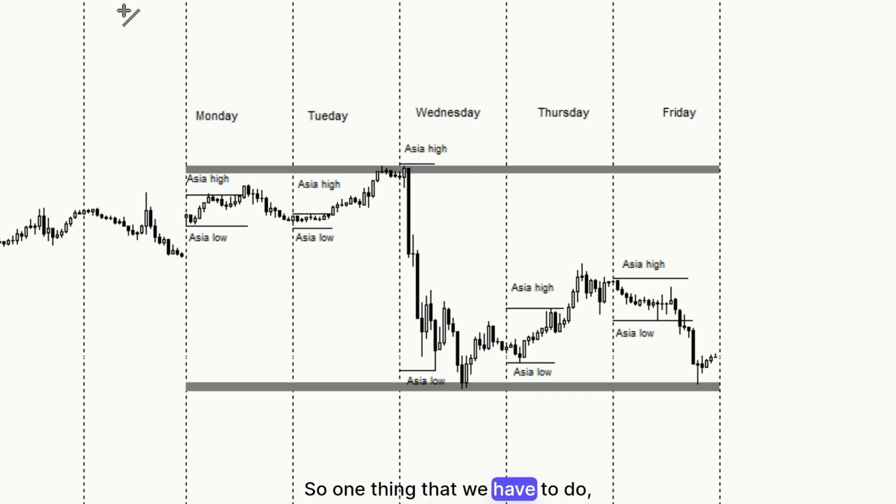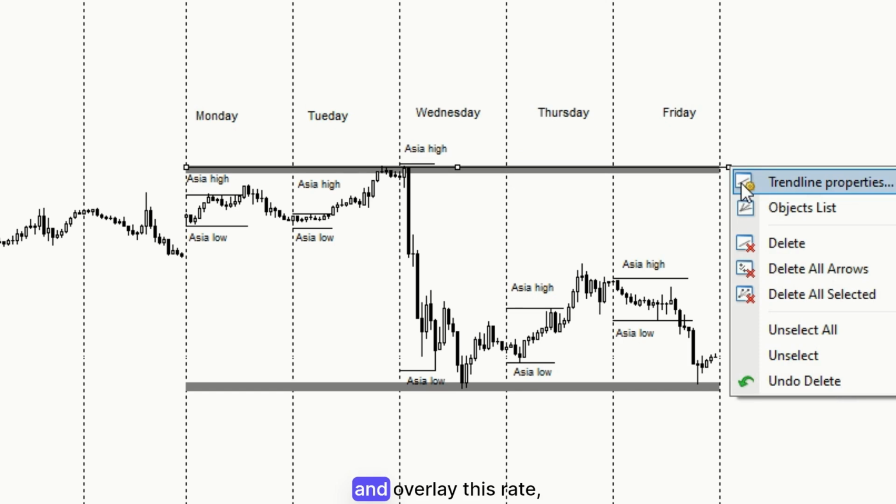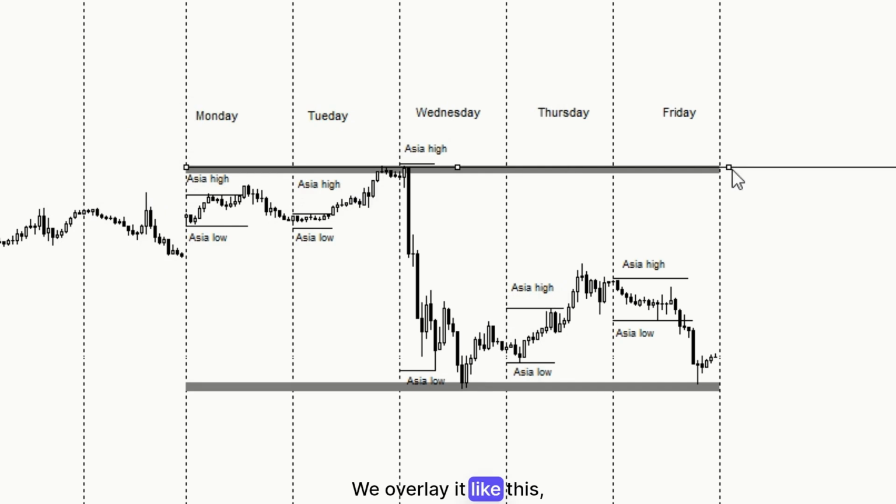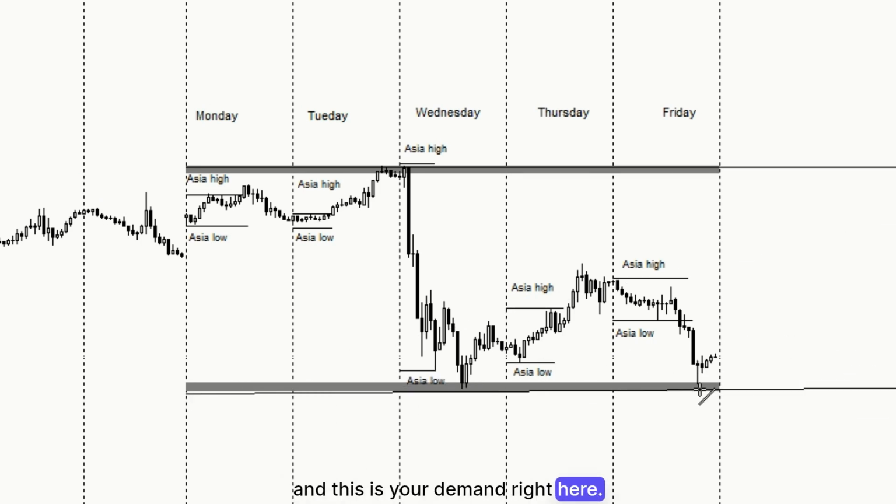So one thing that we have to do, we just have to mark them like this and overlay this ray, you overlay it like this. You understand? So that's your supply.